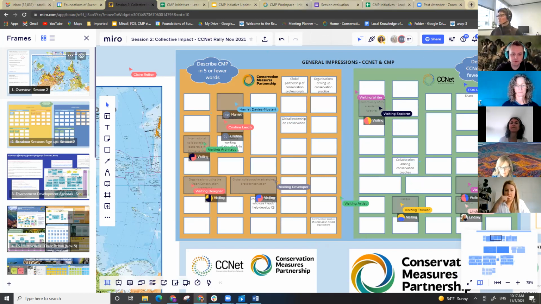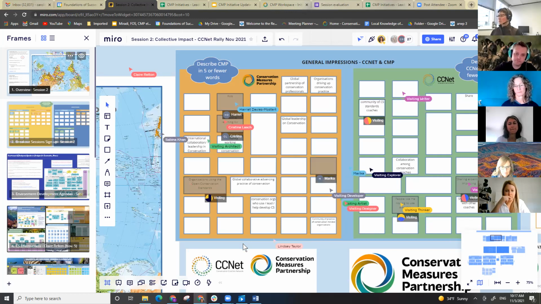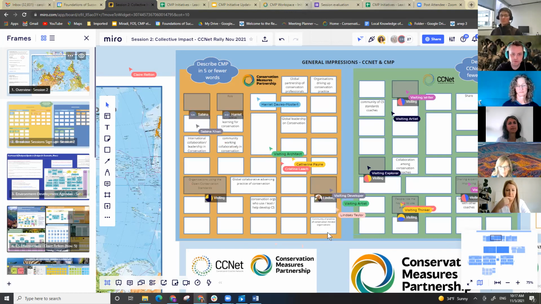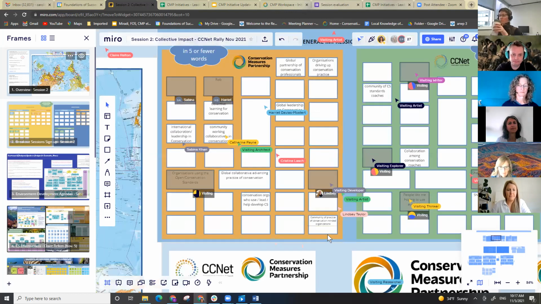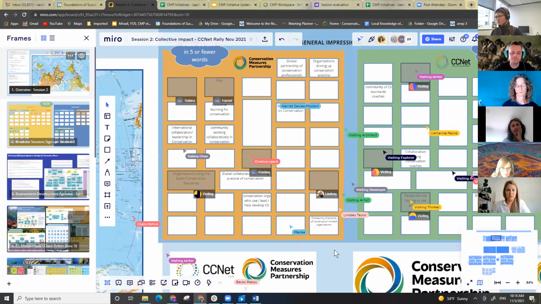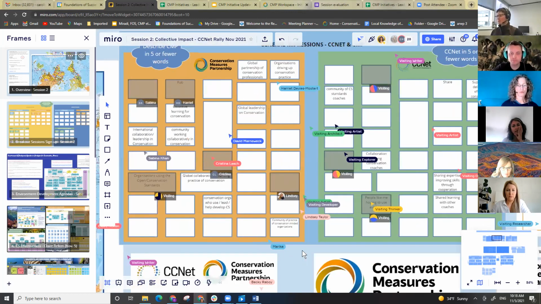Great, we're getting some good responses. I see global partnership of conservation professionals, organizations driving up conservation practice, community working collaboratively in conservation. These are all for Conservation Measures Partnership: international collaboration, leadership in conservation. Wonderful. Community of practice of conservation-minded organizations.